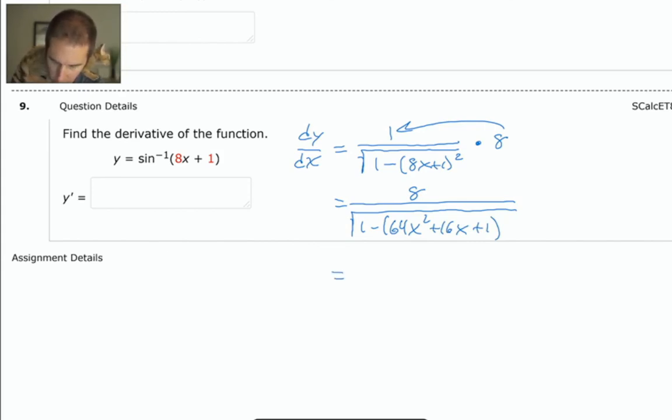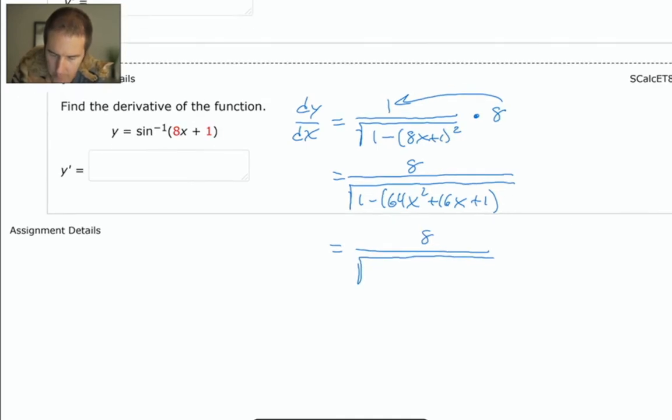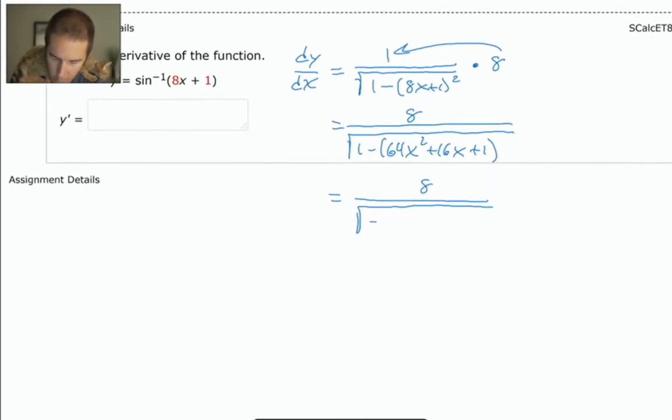So we're going to get 8 over the square root of negative 64x squared minus 16x, and then the positive 1 and the negative 1. Once we distribute this minus sign out here, it becomes a negative 1. Those are going to cancel each other out.